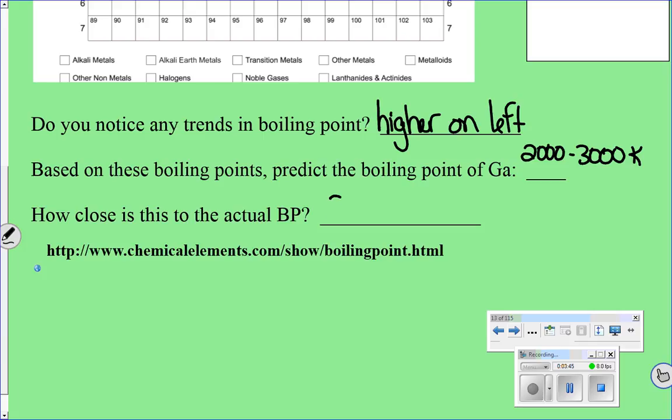Gallium's actual boiling point is 2,477 Kelvin. So again, it's not perfect. You're not going to be able to predict an exact number necessarily. It's not something you can calculate to get an exact value, but you can actually come up with a prediction that's fairly reasonable.